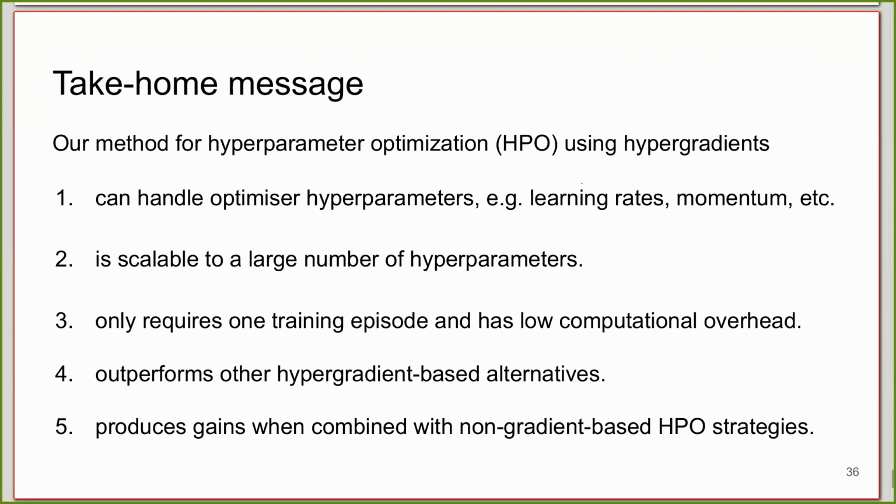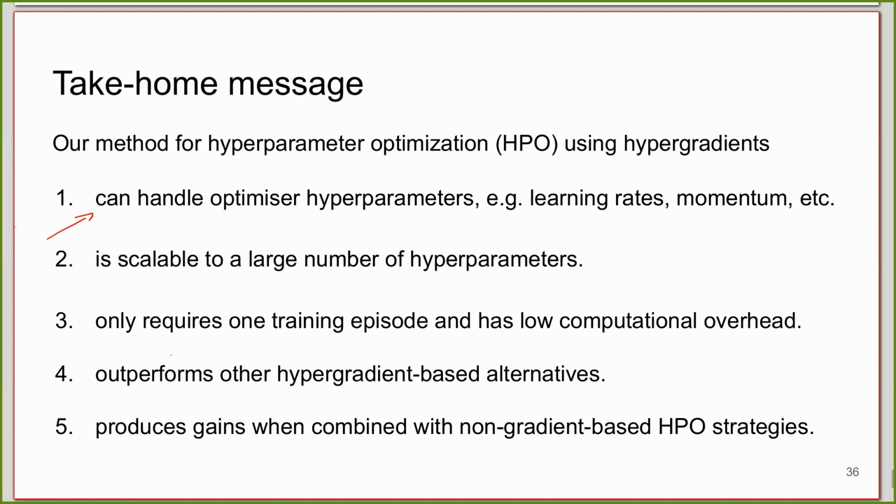Yeah, so just to conclude, I have mentioned this approach for hyperparameter tuning using gradients. It can handle gradients of optimizer hyperparameters and of other hyperparameters like weight decay and so on. It's scalable to a very large number of hyperparameters.